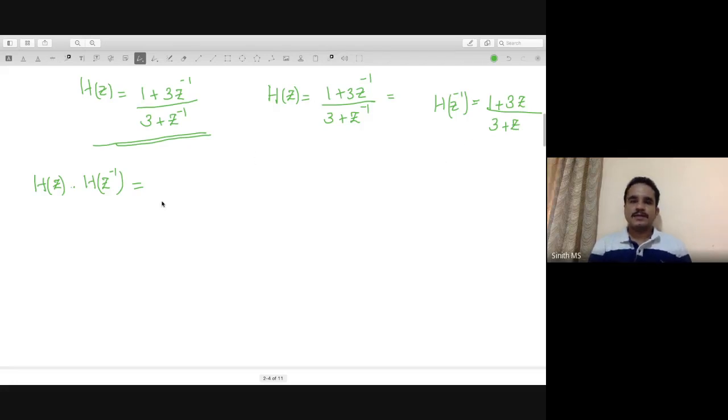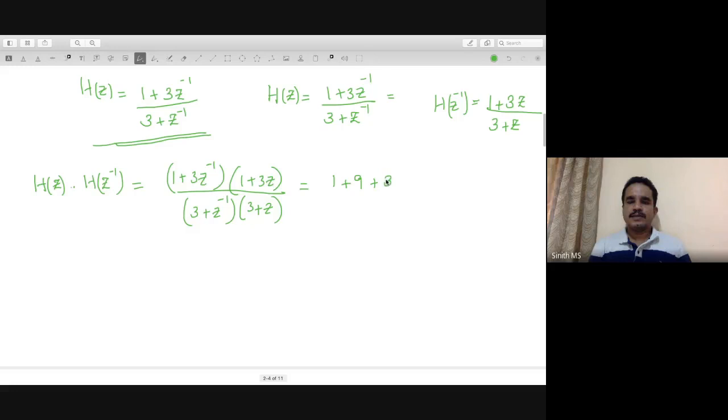So let us cross multiply this. So H(z) into H(z inverse) is 1 plus 3z inverse into 1 plus 3z, by 3 plus z inverse into 3 plus z. If you cross multiply this, the numerator becomes 1 plus 9 plus 3z inverse plus 3z.